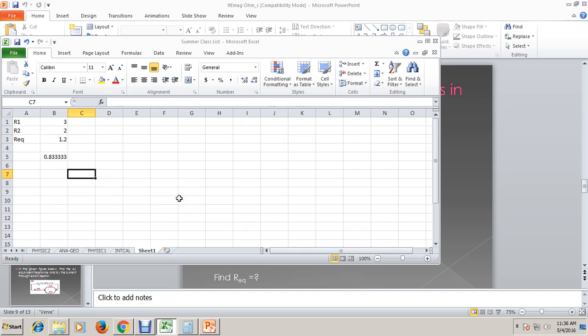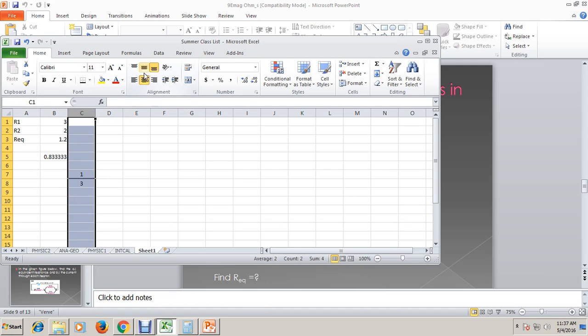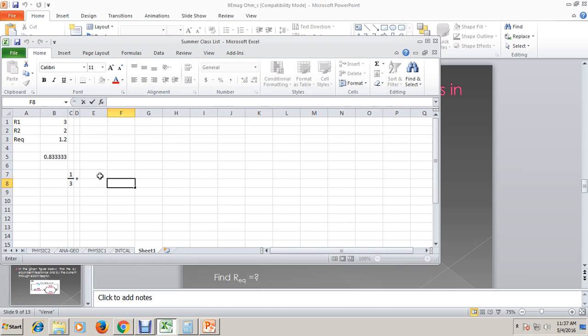To illustrate further, if you're going to have 1 over 3, expressed in fraction form, so this is 1 over 3, then you should have this as your plus 1 over 2.